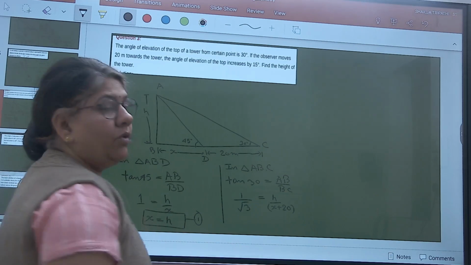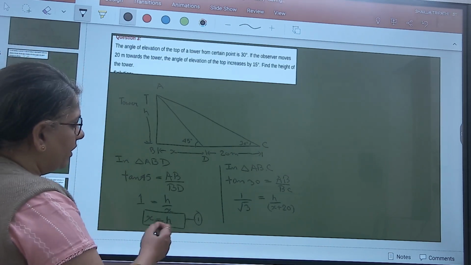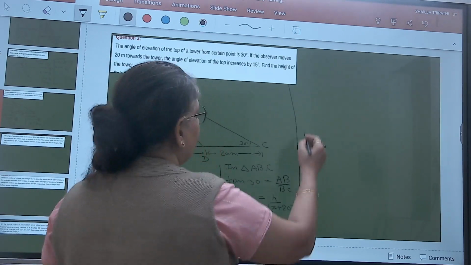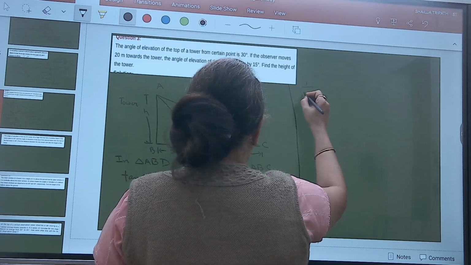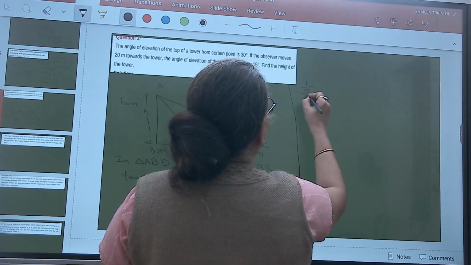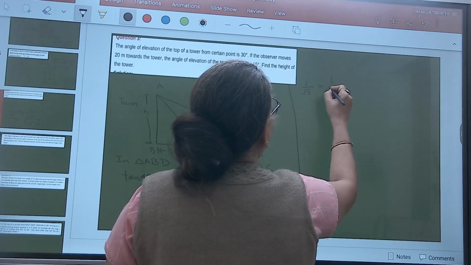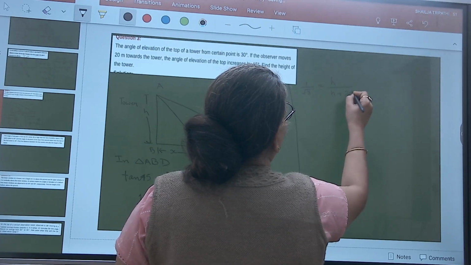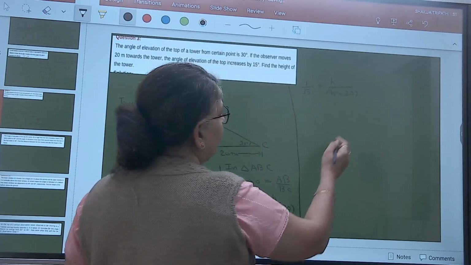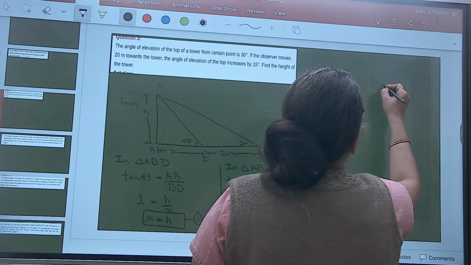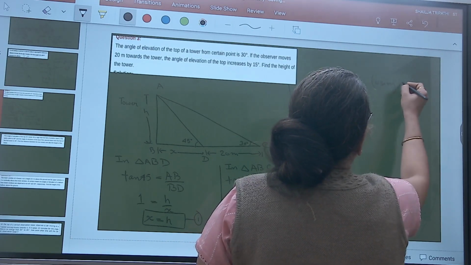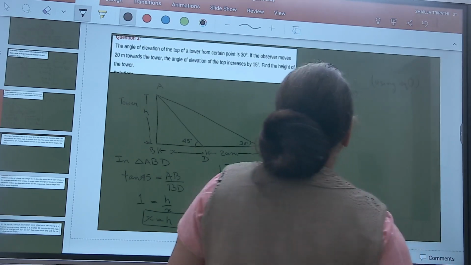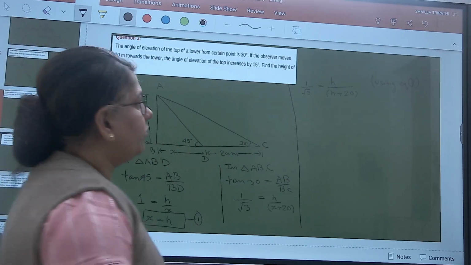Now in place of x we can write h using relationship 1. So it can be written as 1 upon root 3 is equal to h upon h plus 20. We are using equation 1. Now let's solve and get the value of h.